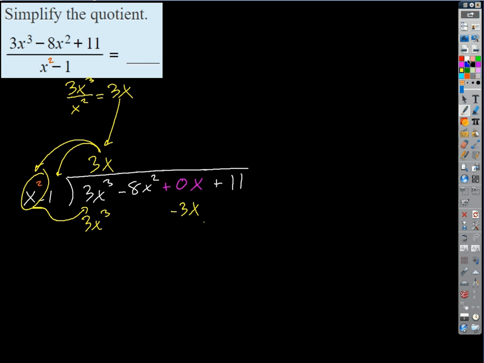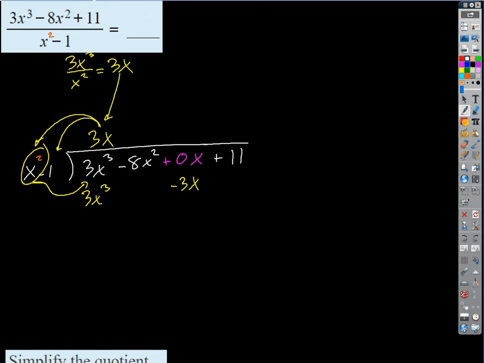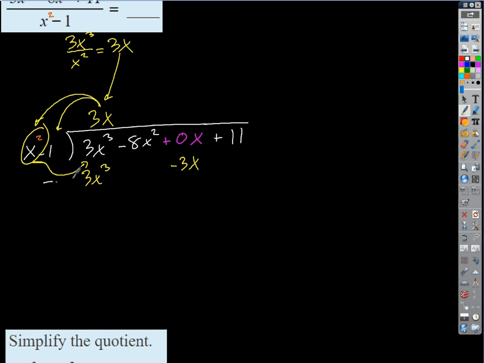And then I want you to do it this way too. It's really easy to lose track of what you're doing. We're going to subtract the whole thing in parentheses, okay? And then we'll just subtract vertically. We've got the like terms already lined up then. So 3x cubed minus 3x cubed cancels. That's why we picked 3x, right?